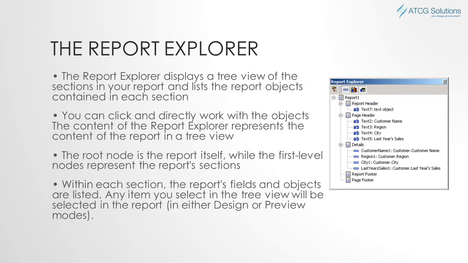And you can click and directly work with the objects. The content of the Report Explorer represents the content of the report in a tree view. And within each section, the report's fields and objects are listed. Any item you select in the tree view will be selected in the report, both in the Design tab or Preview tab.